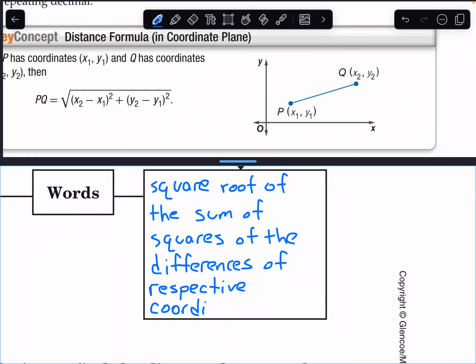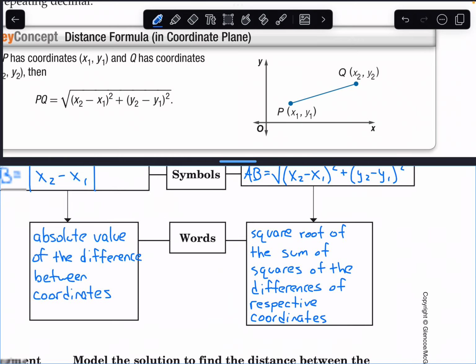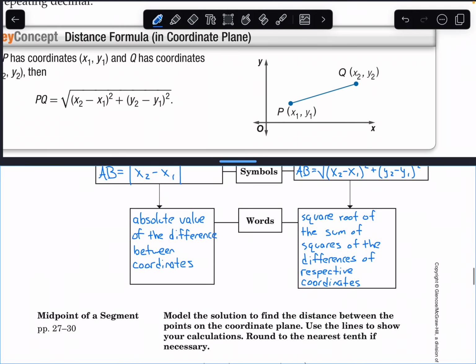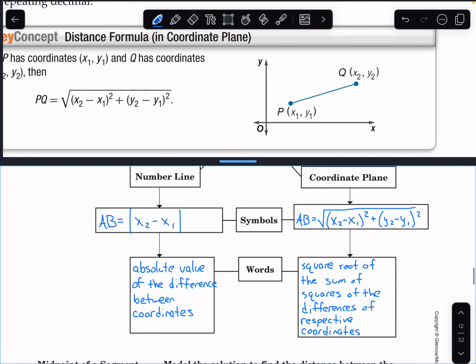I do need to somehow note there that it should be the difference of the x coordinates and the difference of the y coordinates. That's quite a mouthful. Stick with the formula there.